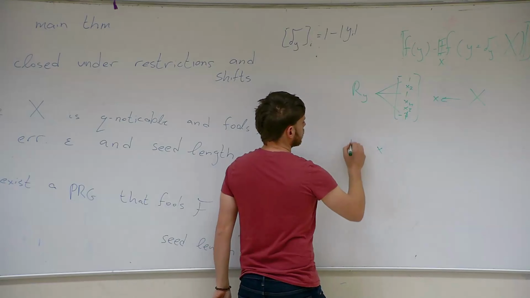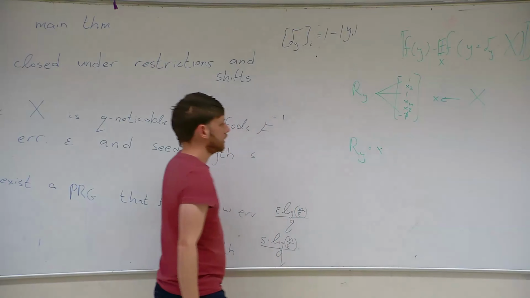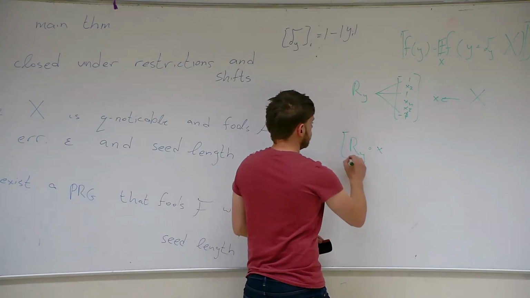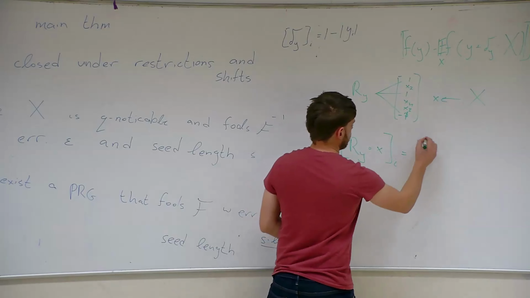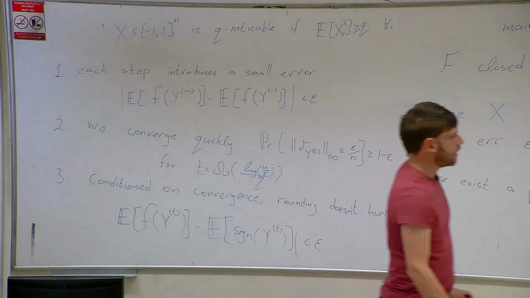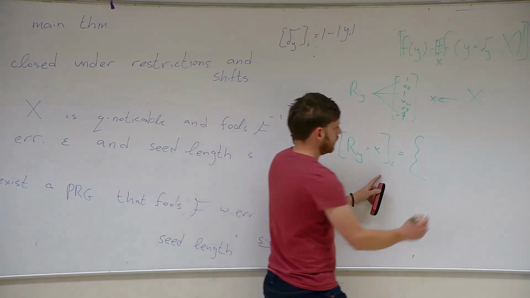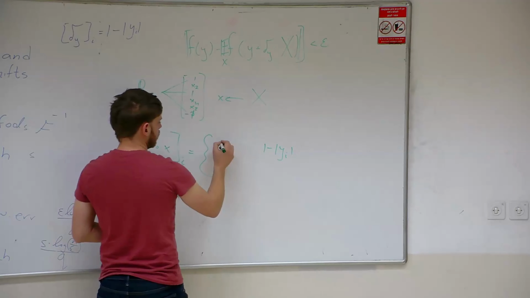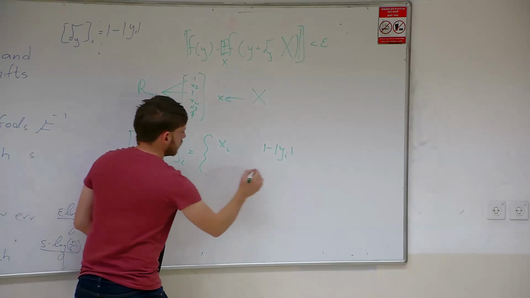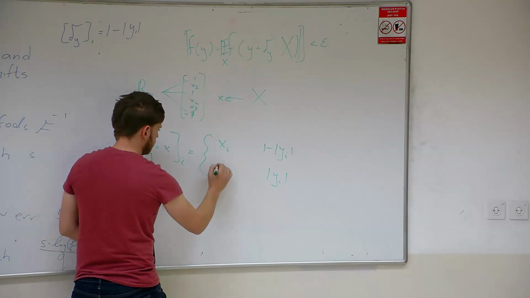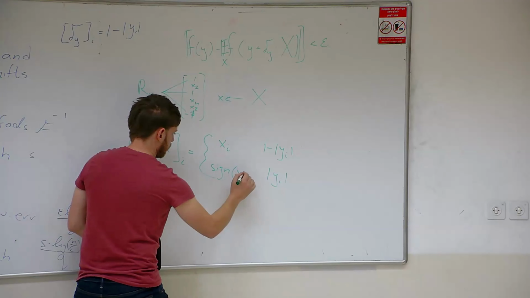If we get a vector x, and we randomly restrict it with the random restriction corresponding to y, look at the i-th coordinate. The survival probability of xi is 1 minus the size of yi, and else we plug in the sign of yi.